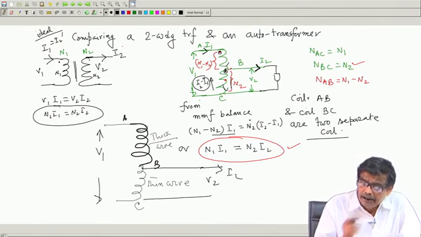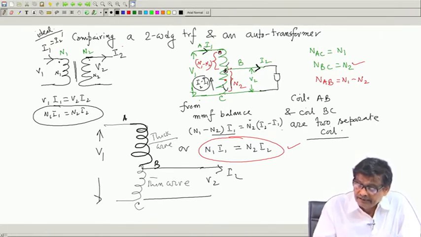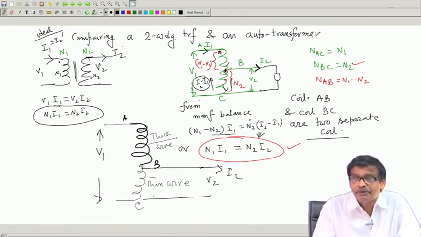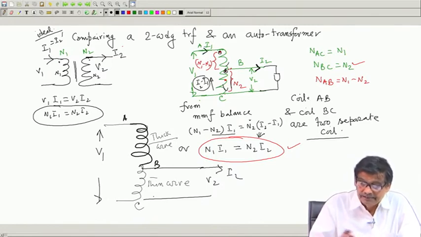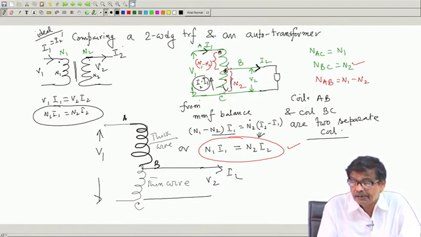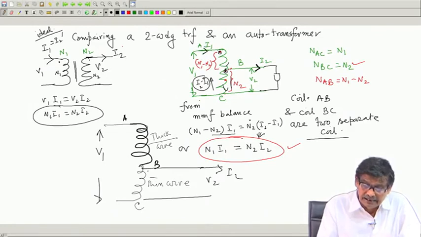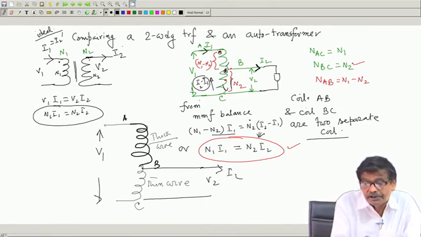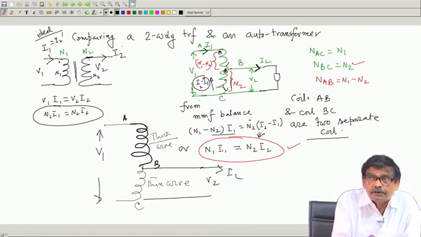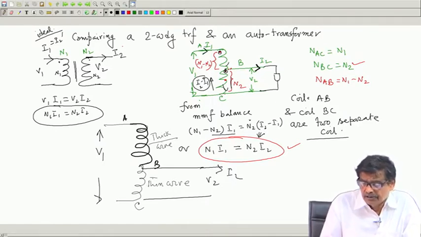From this it is interesting to note that we get N 1 I 1 equal to N 2 I 2. Then I argued, without doing any mathematics, that perhaps this current, the difference of these two currents I 2 minus I 1 going up, will be much less, and therefore a thinner coil can be used compared to its two winding counterpart, and therefore you can save some copper.